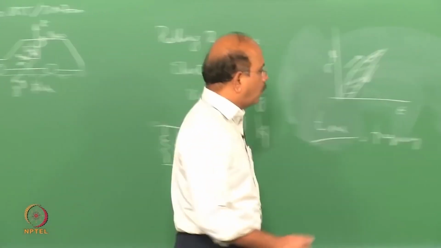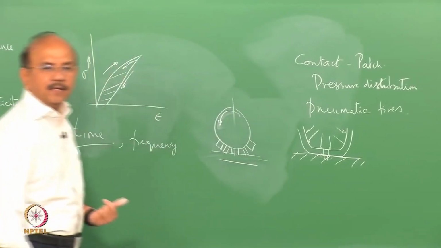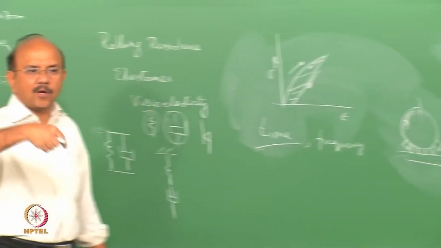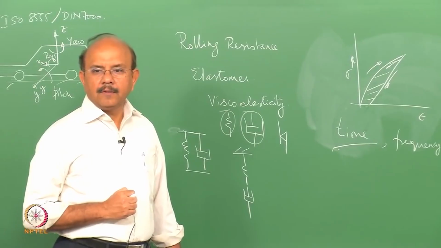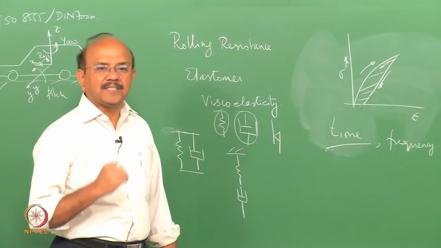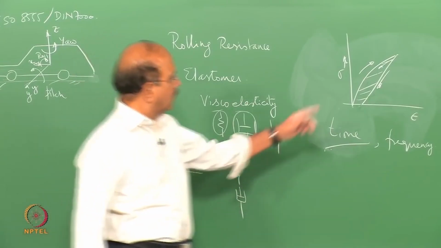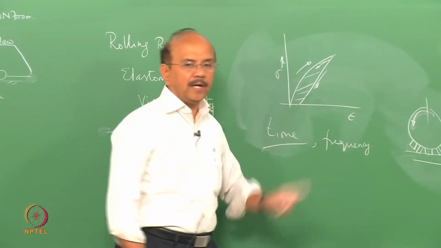Now, how does this loading unloading cycle affect that contact patch, in a very simple setting as we had seen? How does that get affected? Because the loading path is different from the unloading path.